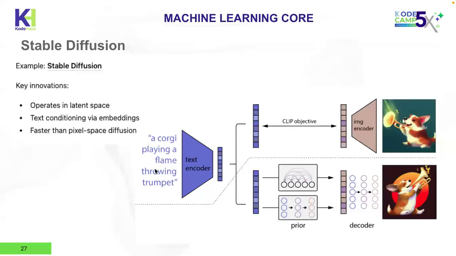They pass it through a text encoder, so the text encoder also generates a latent representation of this text after being trained. And you see that with stable diffusion, using pre-trained models is better because it's going to be difficult for you to train an image encoder during this process. So it's better you take a pre-trained image encoder and a pre-trained text encoder, so they already have latent representations.